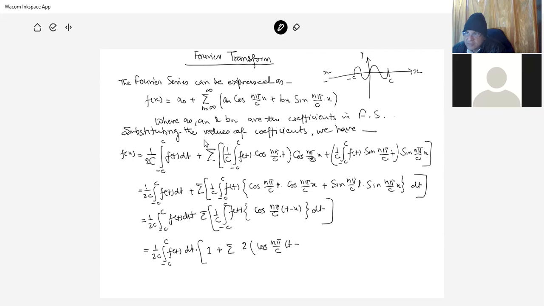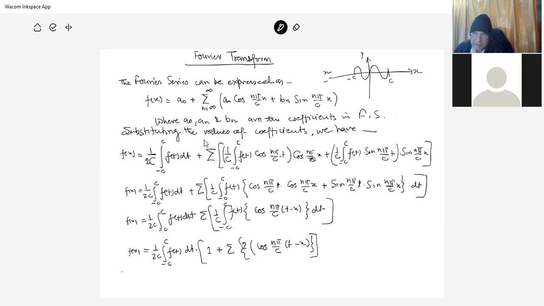This is t minus x, this part, and dt is taken out, so no need to write dt again. This part is closed. Now this factor is important for us. This is f of x.